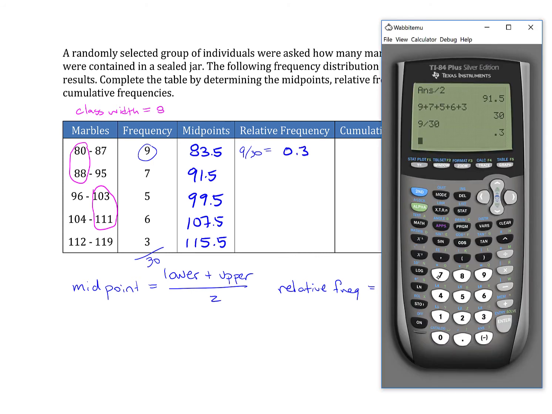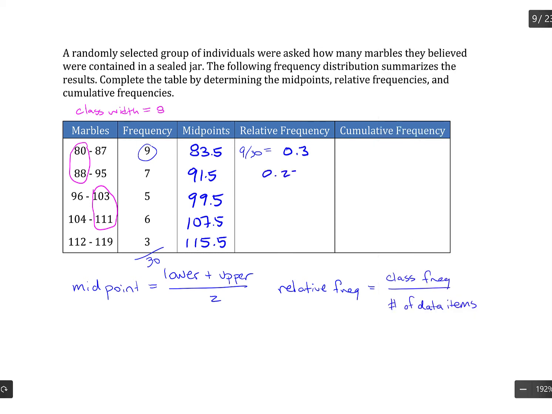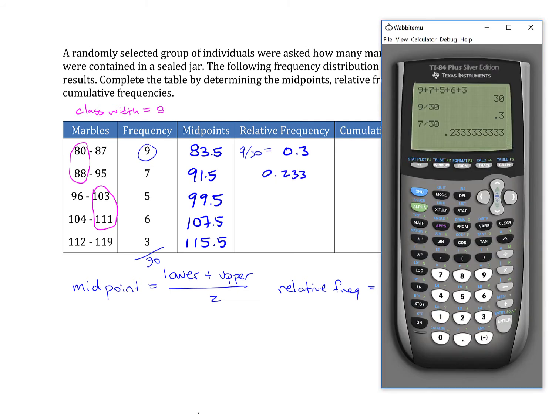Then the next class frequency divided by the total, which is still 30, is 0.233. And that's my next relative frequency. Then 5 divided by 30, oops, missed my divide. That is 0.167.